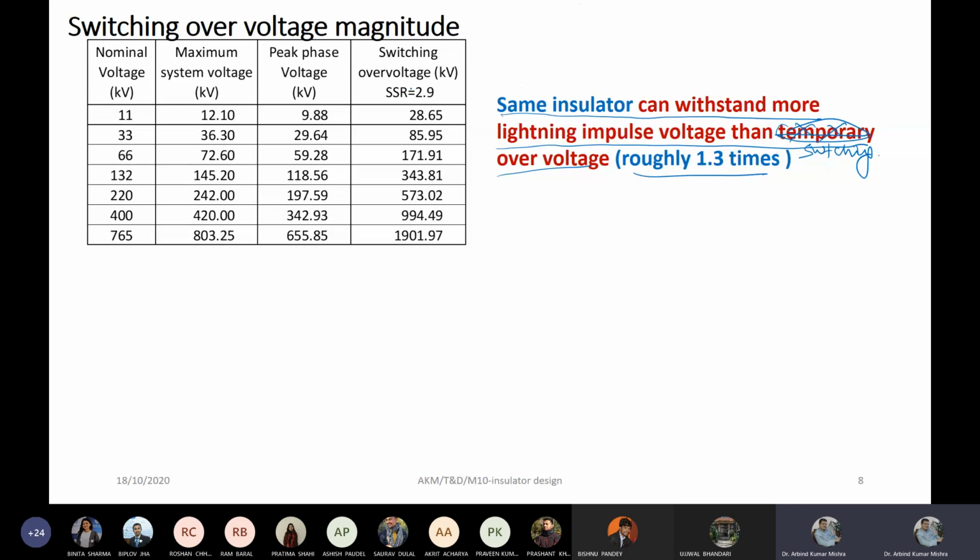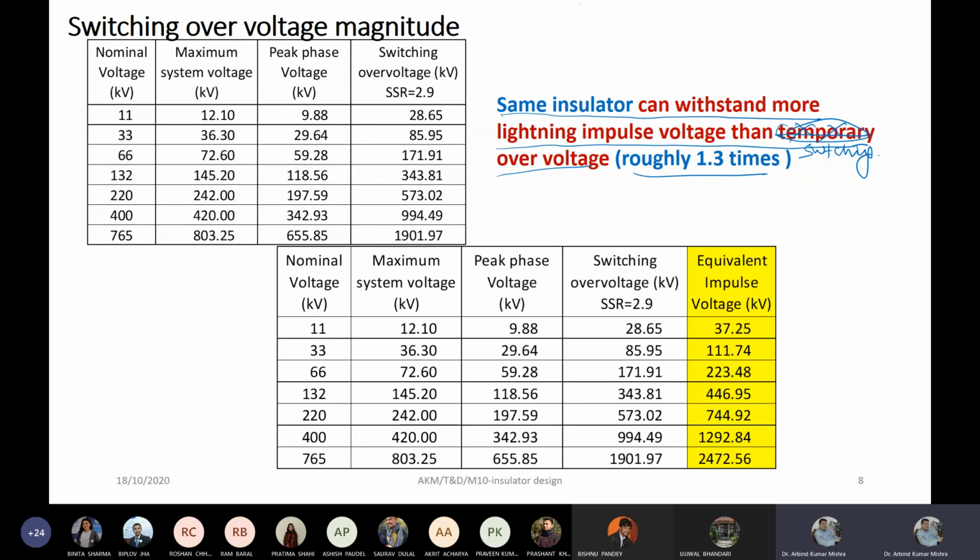So if we calculate its equivalent impulse withstand, the switching overvoltage up to there and its equivalent impulse voltage, because I want to compare which will dominate for which voltage, switching or lightning, then in terms of equivalent impulse withstand, it will be about 1.3 times greater. This column is just 1.3 times this one.